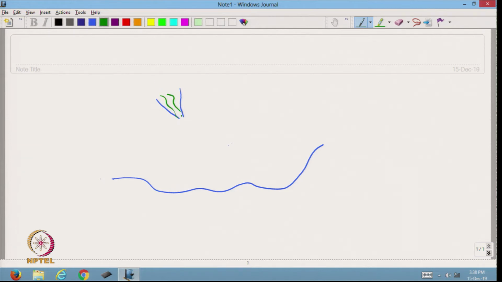The chopped fibers are coming, and we can use a spray of the resin. These are laid here, and we can form the composite.